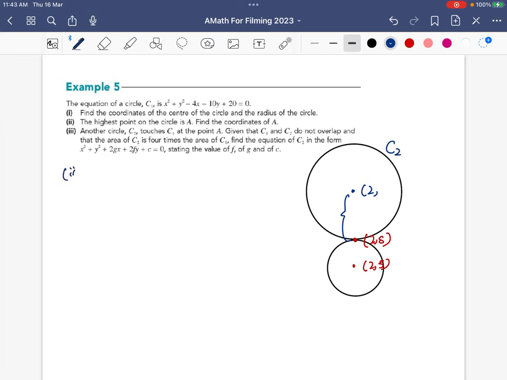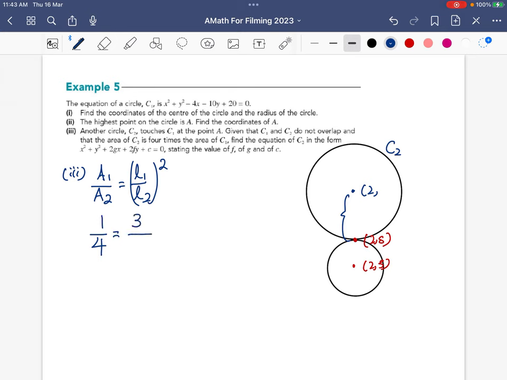They say that C2 is 4 times the area of C1. From your E-math, you have to remember that for similar shapes, A1 over A2 is equal to (L1 over L2) squared. So the area of C2 is 4 times the area of C1, so I say 1 is to 4. The radius of my smaller circle was 3.